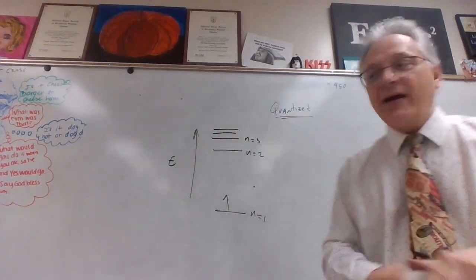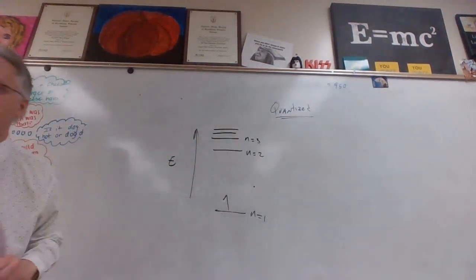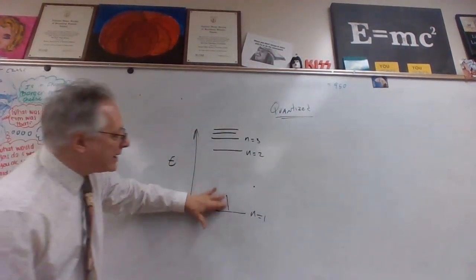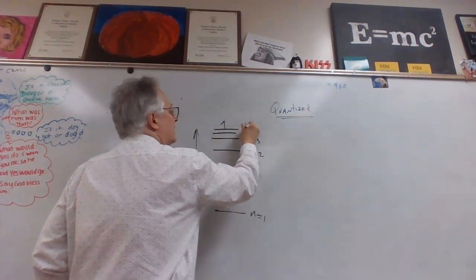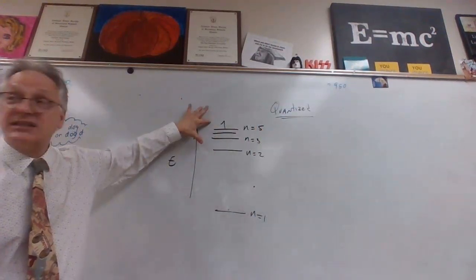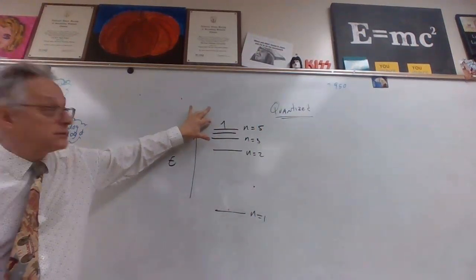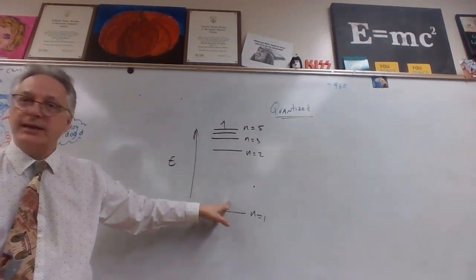So we said, okay, if I excite my atom by maybe passing a lot of electricity through it or shining light on it, I can cause an electron to jump to a higher energy level, maybe the n equal 5 level. And this would be called the excited state because the electron's up here in a higher energy level. Down here, it's in the ground state.